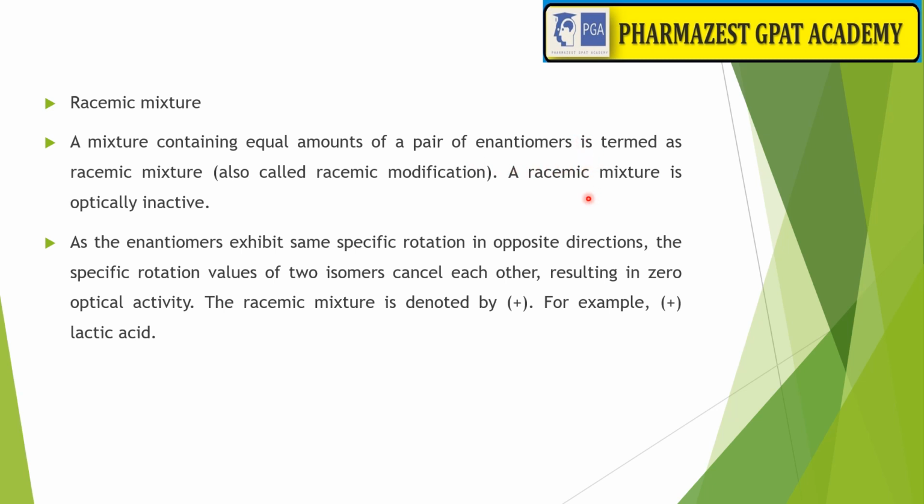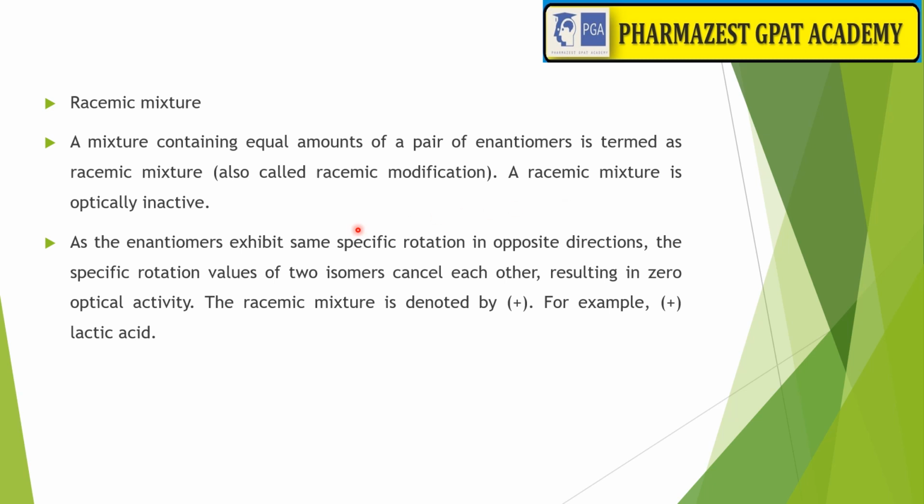Okay. It can be simply explained as: a racemic mixture contains enantiomers. As I discussed earlier, enantiomers show specific rotation, but due to the presence of a plus isomer and a minus isomer in equal amounts, the resulting specific rotation of this enantiomeric mixture will be 0, as this racemic mixture does not exhibit specific rotation.